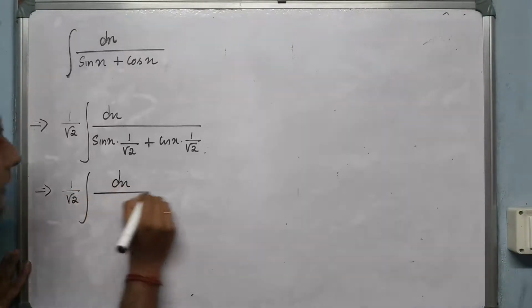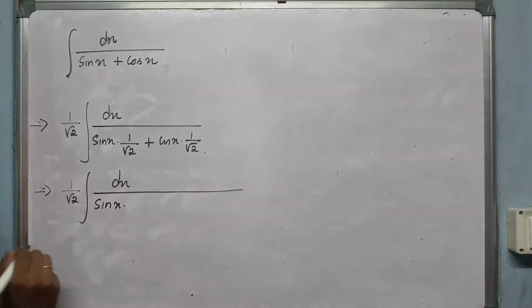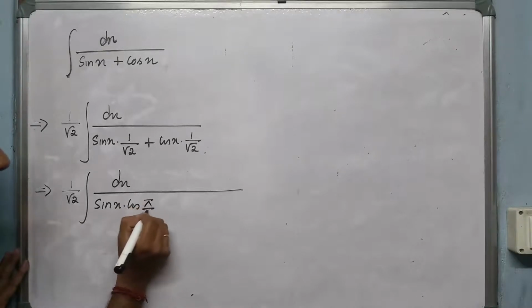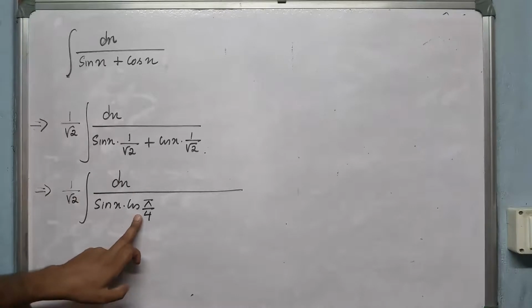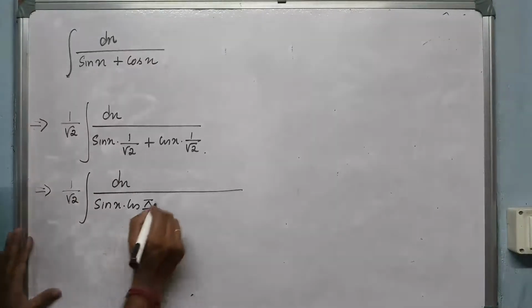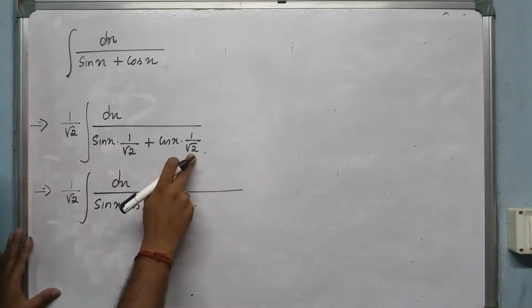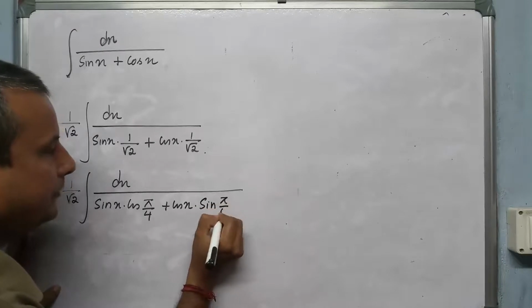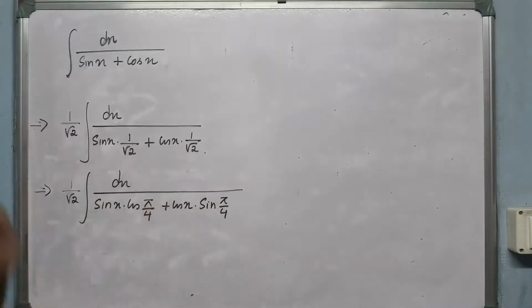Now, in place of 1 by root 2 with sin x, I'll write cos π by 4, since cos 45 degree is 1 by root 2, plus cos x, and another 1 by root 2 I'll replace by sin π by 4. Cos 45 degree is 1 by root 2, sin 45 degree is also 1 by root 2.